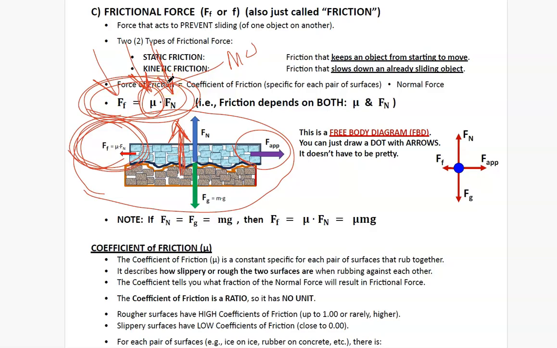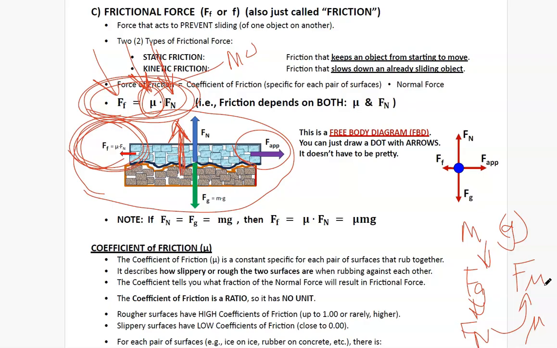So typically what you're going to find in problems is somebody's going to give you a mass. You're going to know little g. You'll use that to get the weight force. The weight force will tell you something about the normal force. And if you have mu, you can calculate the frictional force.